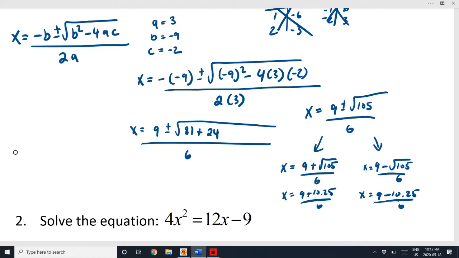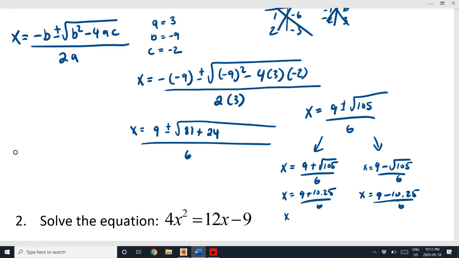And let's just calculate what those are. So let's do 9 plus 10.25 first. So 19.25 divided by 6.